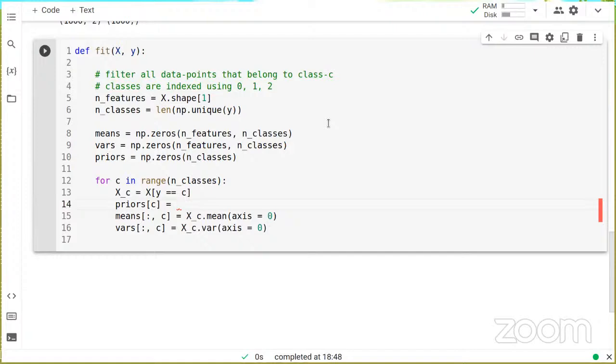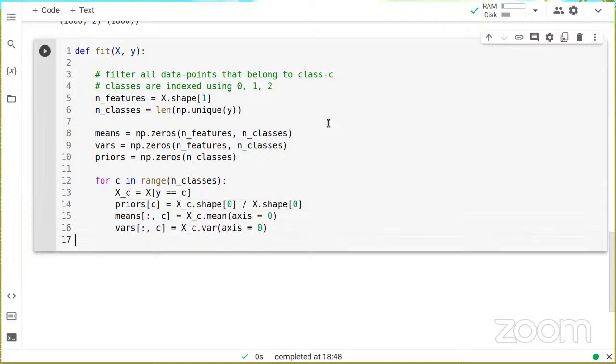Count of a particular class divided by total number of n. Can you tell me what the numerator should be? Yes, count of C. Xc dot shape of 0 divided by x dot shape of 0. Correct, right? So that is correct.